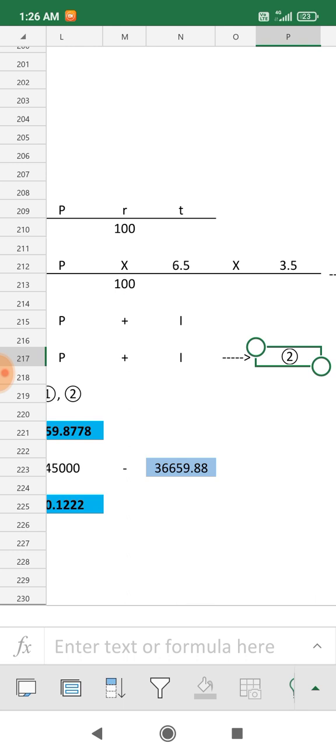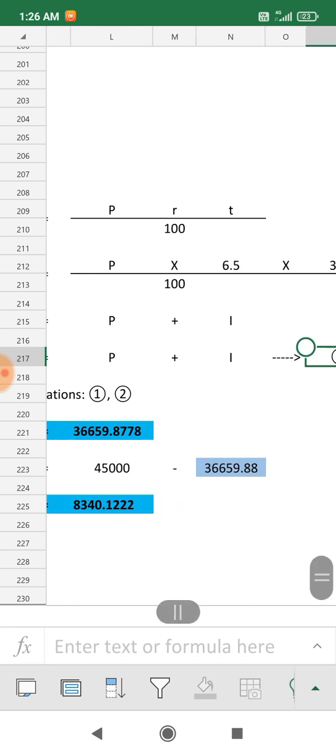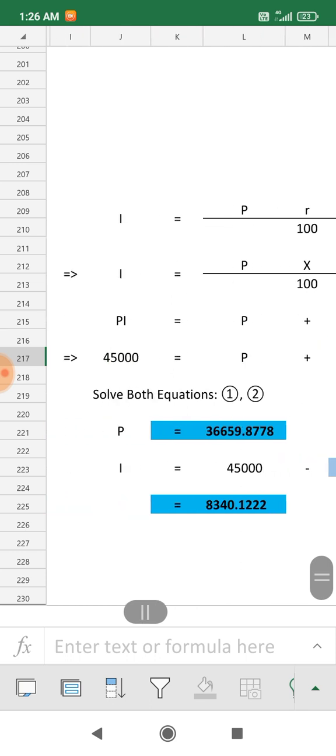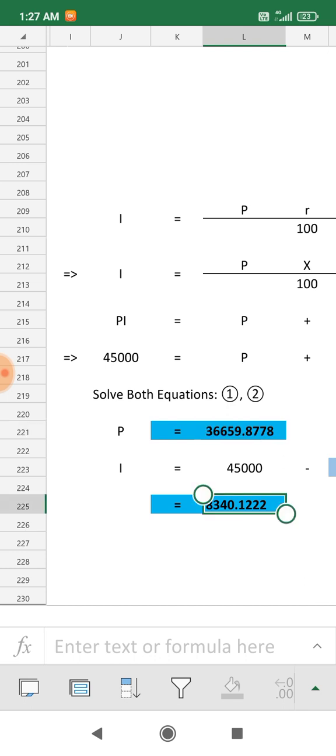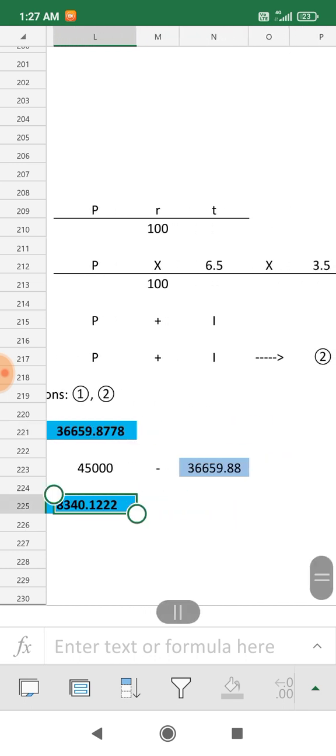These two equations we have to make. Okay. Now we have to solve these two equations. We know how to solve this problem and we will get the amount we have to invest and the amount we get as a return.